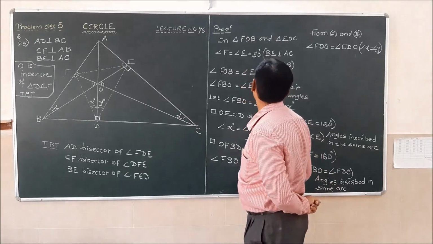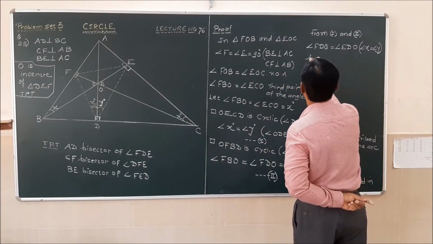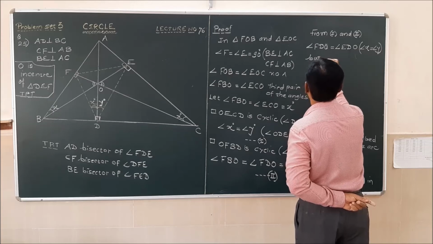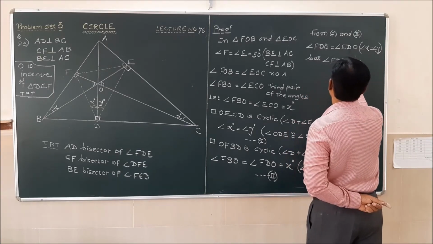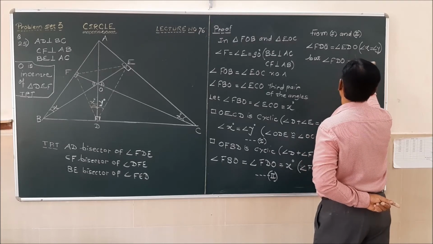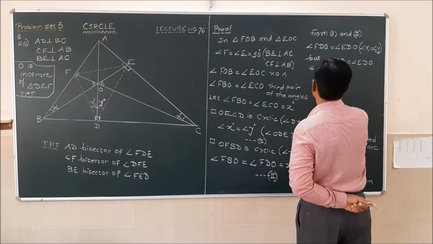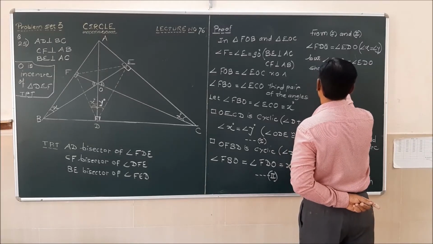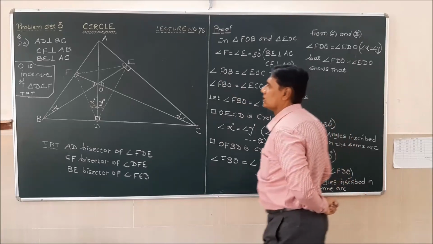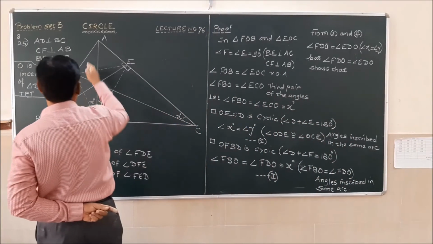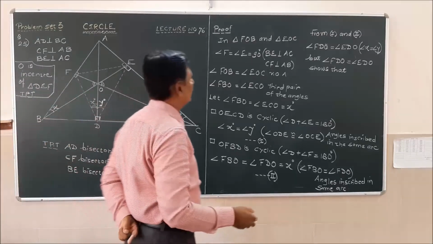Correct? X is equal to 1. But angle FBO is equal to EDO shows that AD is a bisector of FDE.